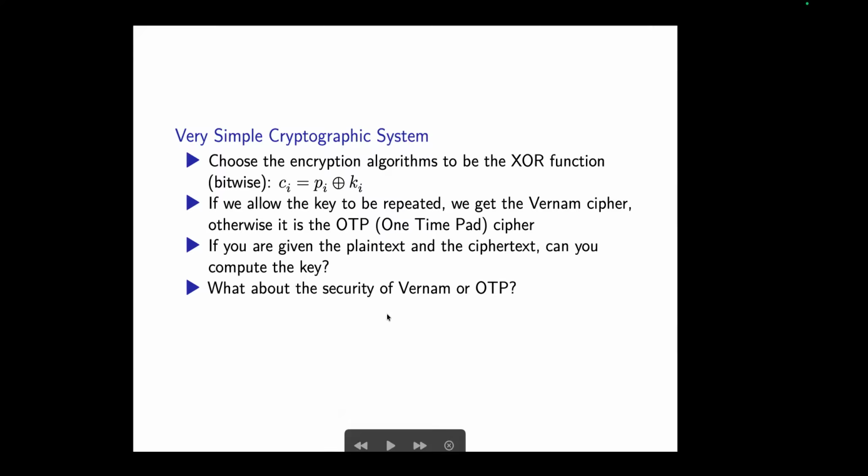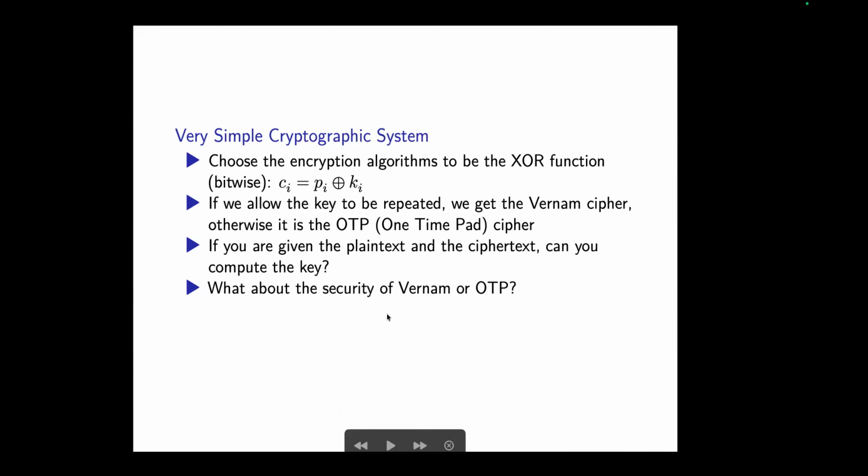So here I have my X, and here I have my Y, and I'm doing X XOR Y, the exclusive OR function.